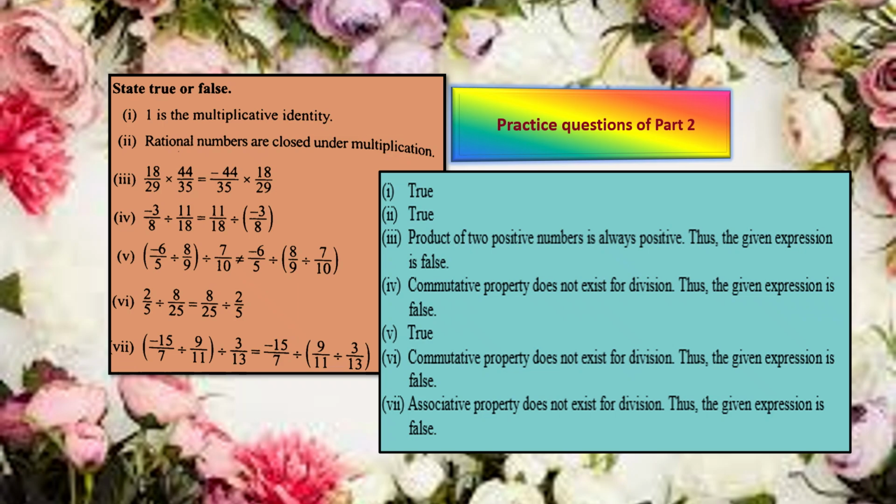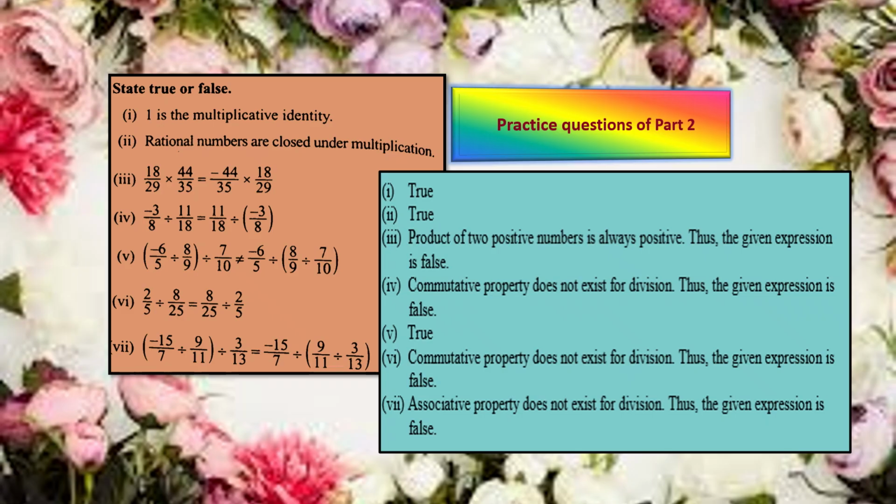Product of two positive numbers is always positive and it can't be negative. So even when the numbers are interchanged, they have the signs retained. So we cannot change the sign while interchanging or changing the order of the rational numbers while multiplying. So we need to consider this. So it is false because commutativity is wrongly applied.